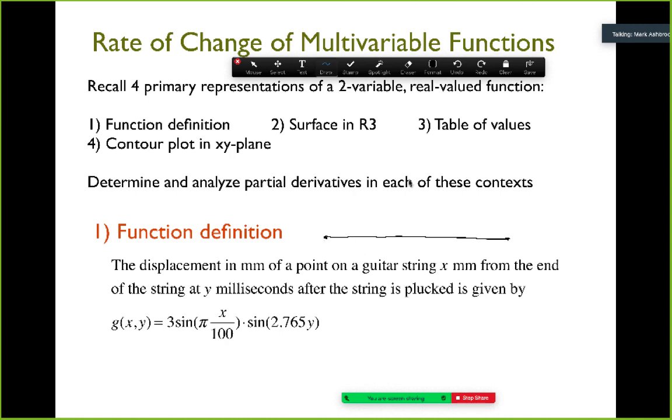We're going to pluck it, and then at some time we're going to freeze, so suppose that it looks like this. Okay? And so y is milliseconds since the pluck.